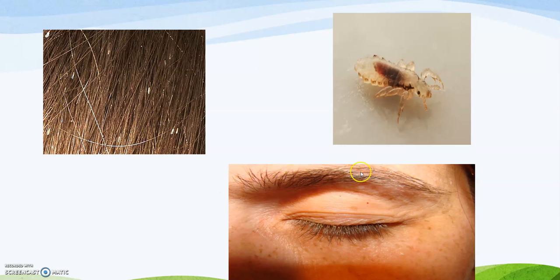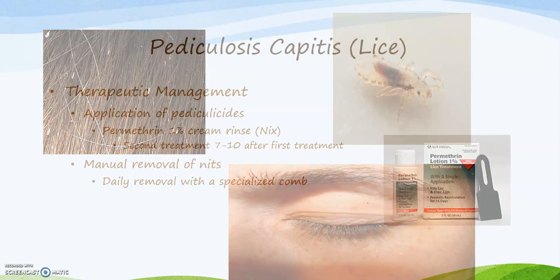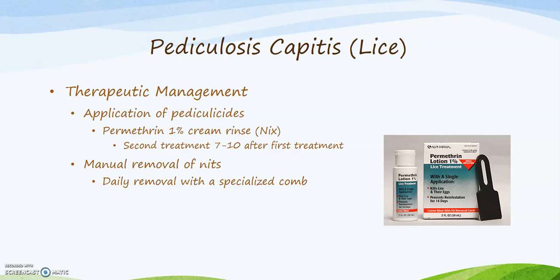They also can occur in the eyebrows. I've seen them in the eyelashes, and I've even seen them in pubic hair with adolescents as well. But the bottom line is, they can occur anywhere on the child's body where there is hair that will be conducive for growth.